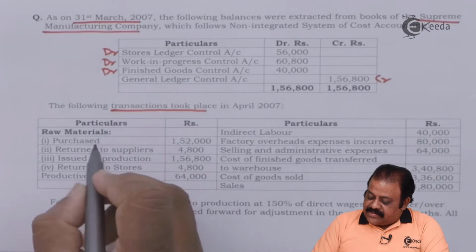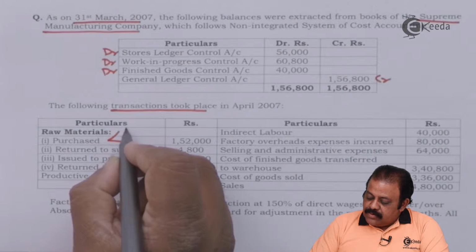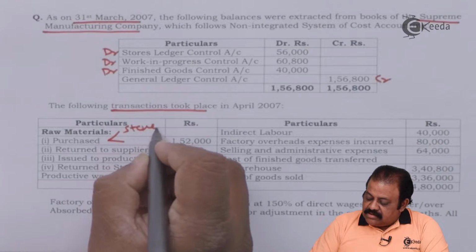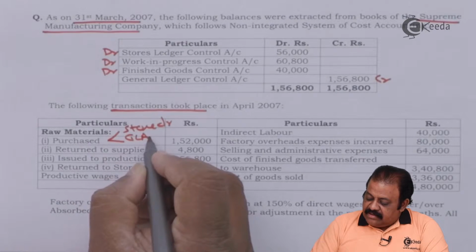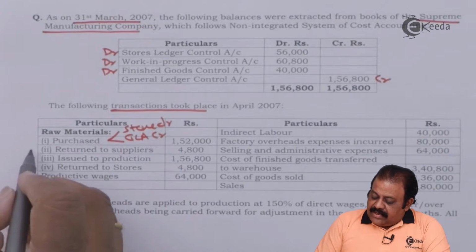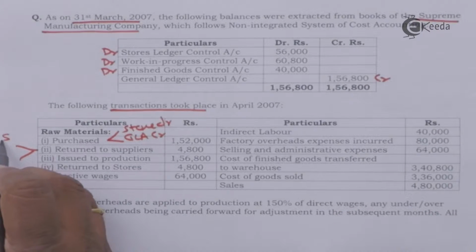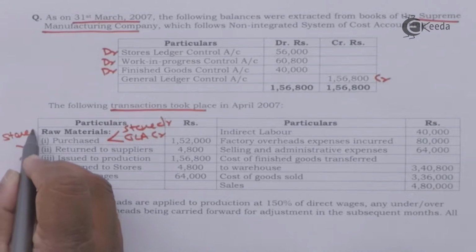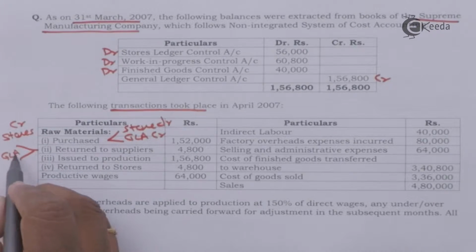Raw material purchased: stores debit, GLA credit. Return to suppliers, it will be reverse of this: stores credit, GLA debit.